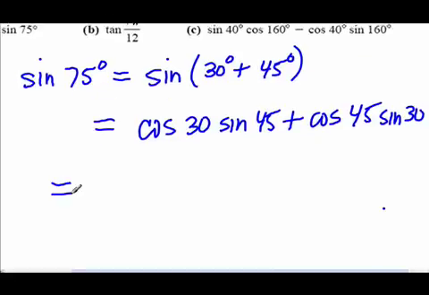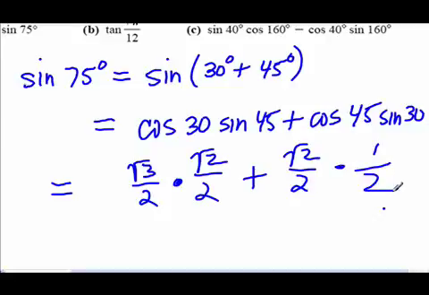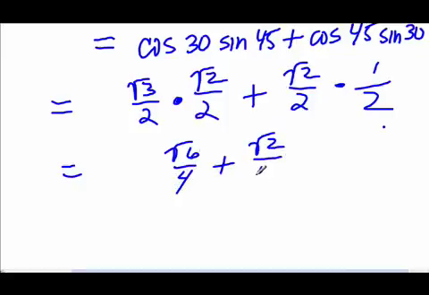Cosine of 30, square root of 3 over 2. Sine of 45, square root of 2 over 2. Plus cosine of 45, square root of 2 over 2. Sine of 30, 1/2. Root 6 over 4 plus root 2 over 4. Answer, root 6 plus root 2 over 4.